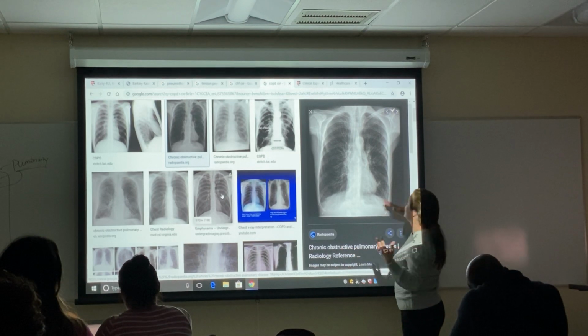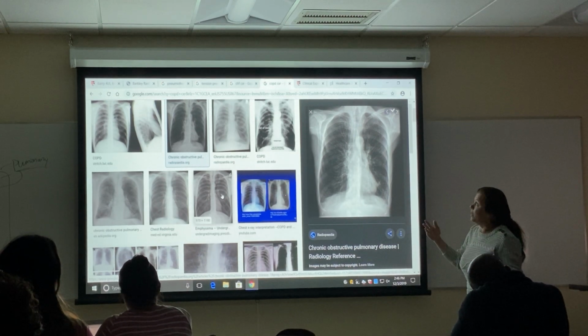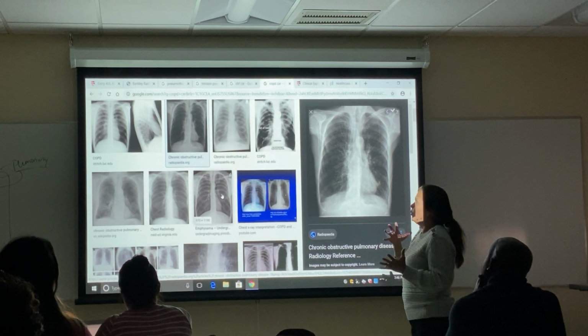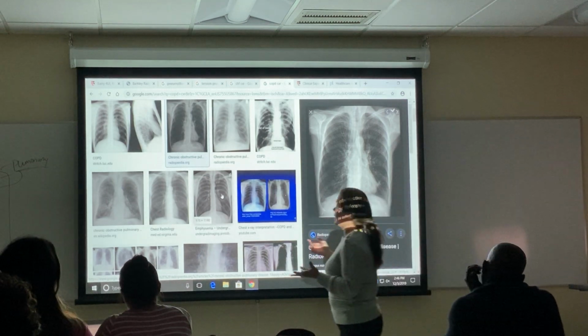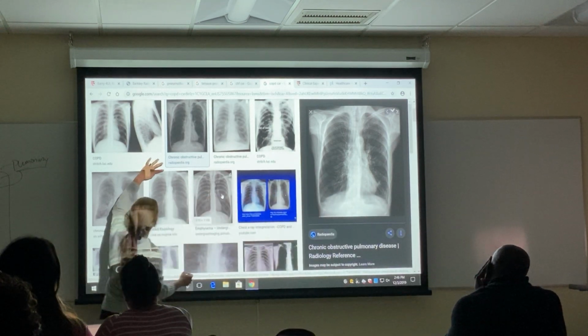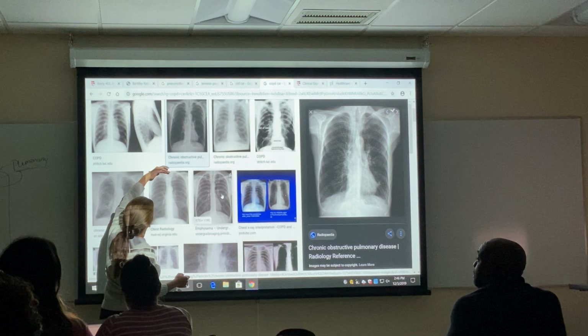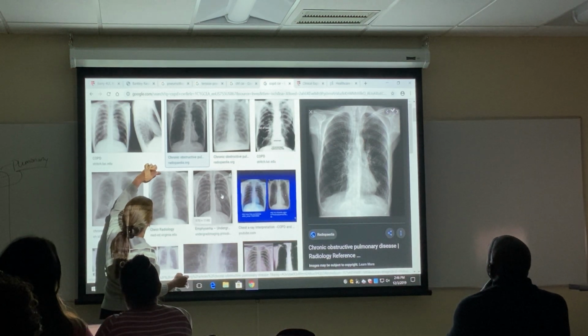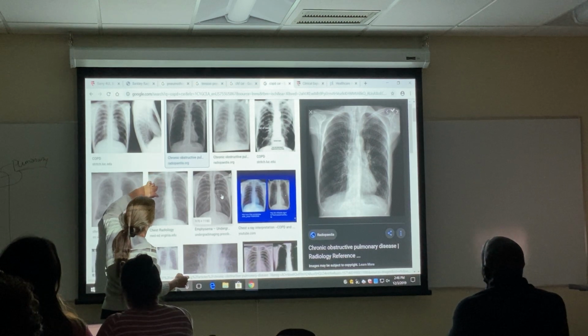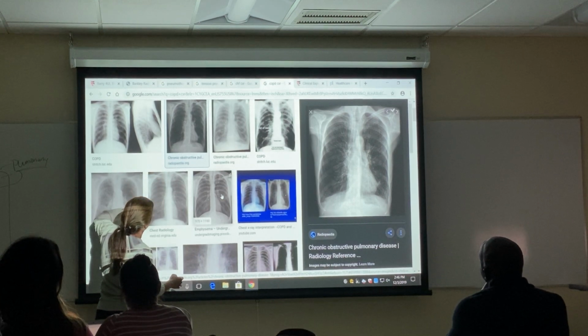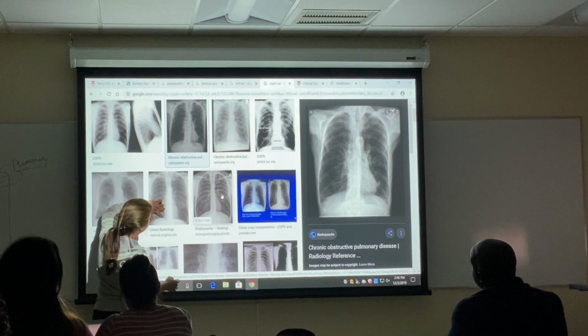Well, I count 10. But if you compare a normal x-ray with an x-ray of COPD, 1, because remember, 1 is here, 2 below the clavicle, 3, 4, 5, 6, 7, 8, 9, 10, 11, and 12.